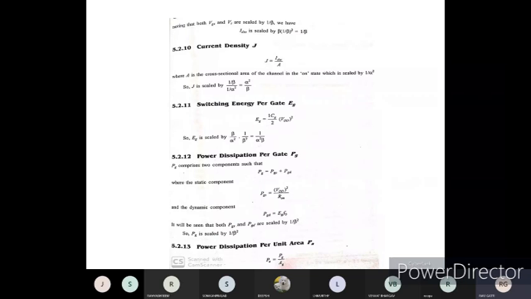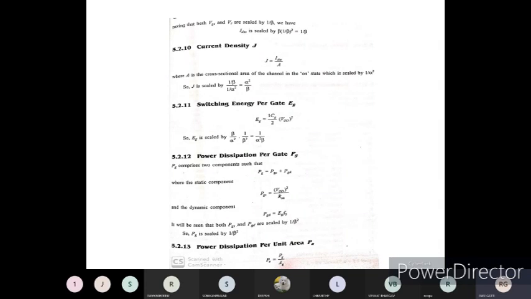Similarly, the switching energy per gate is given by the expression Eg is equal to Cg divided by 2 into VDD whole square. We know that Cg is beta divided by alpha square, as we calculated just now, and VDD, since it is a voltage, is scaled by 1 by beta.